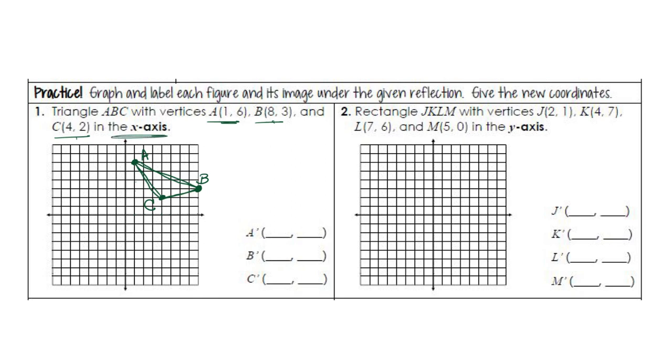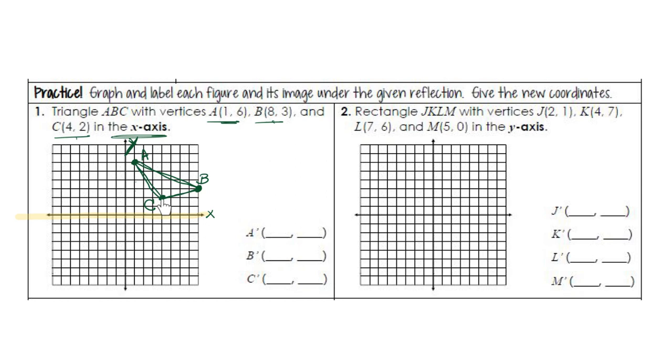Now we are going to reflect it over the x-axis. Remember, this is the x-axis, this is the y-axis. If I want it to flip over this line, I am just going to count how many it is away.